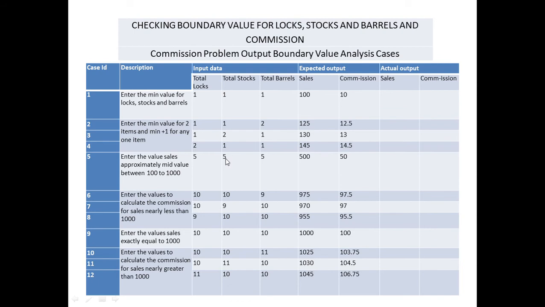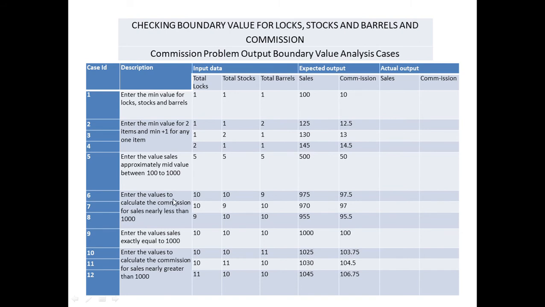So for sales you are checking values which are below 1000, values greater than 1000, values equal to 1800 and values greater than 1800. So you are checking all these conditions.